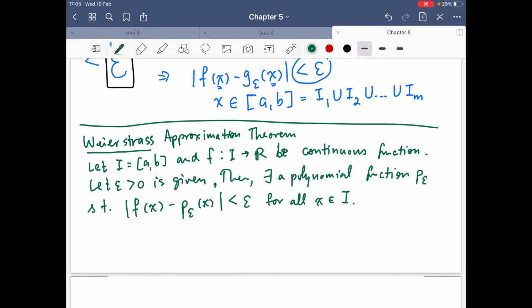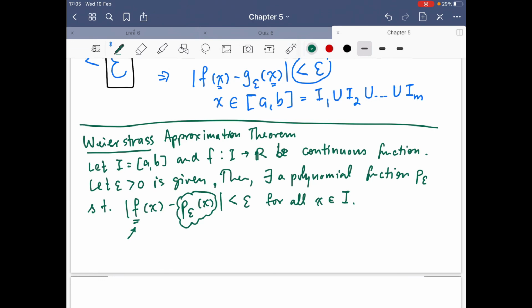This is very important because don't forget that for a polynomial we can always evaluate a value. Even though it may be difficult, we always can, because it depends only on multiplication and addition. But for the function, maybe we cannot, because it can be a sine function or the exponential function or the logarithm function, where if we don't have a calculator, we don't know how to evaluate the value.